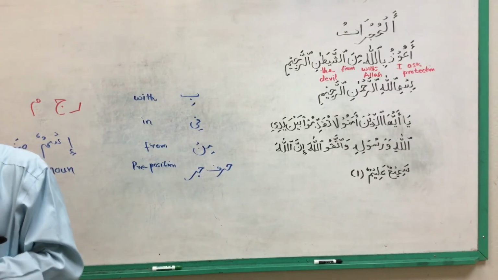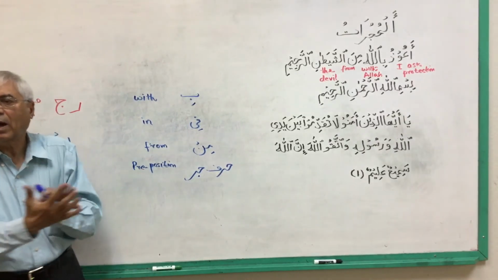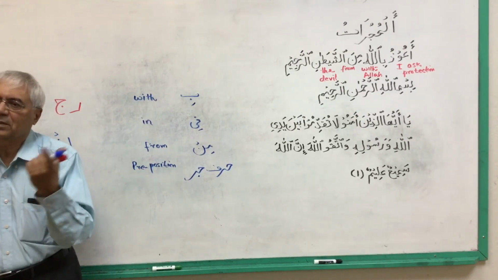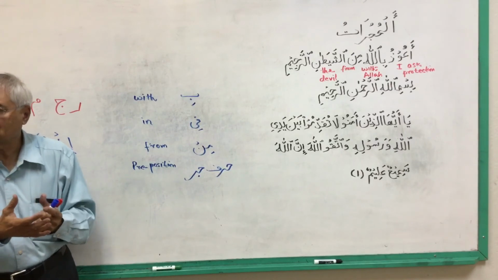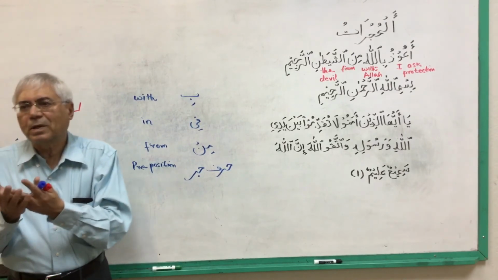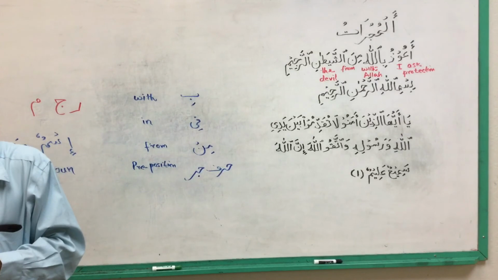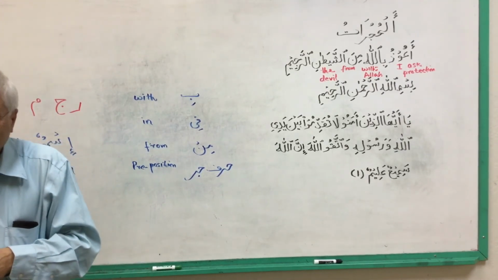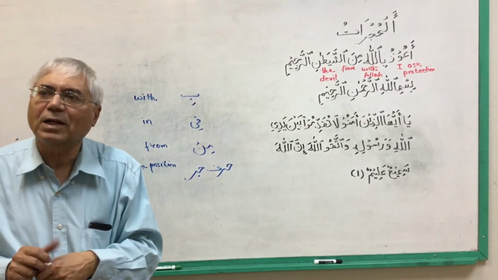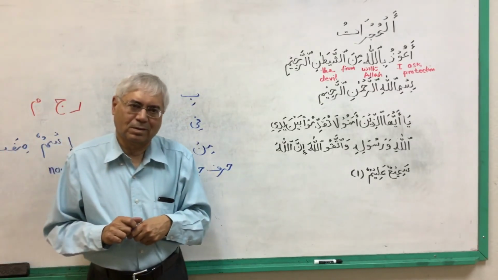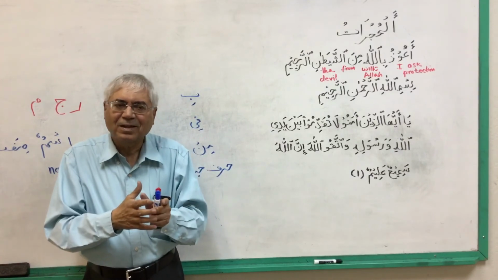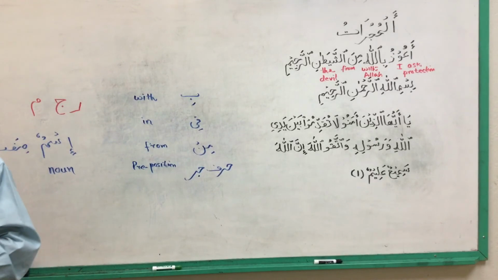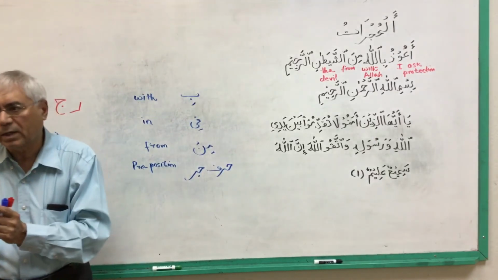When I tell you, you know it. Hamid is a name. Okay? If Hamid is making sajda, you will call him Sajid. Its sifat is Sajid. But if the girl's name is Hamida, when she is making sajda, you cannot call her Sajid. You will have to call her Sajida. So sifat follows the ism. Sifat is the quality.